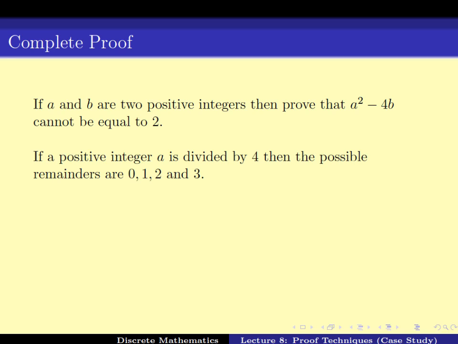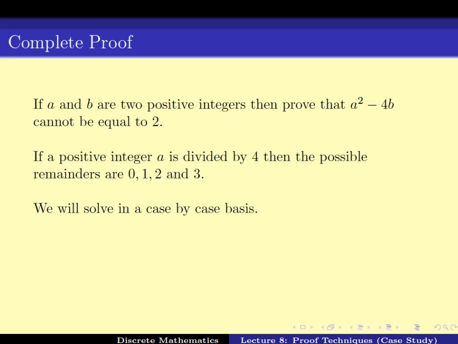So in other words, if A is a positive integer, then when it is divided by 4, the only remainders possible are 0, 1, 2 or 3. Thus, we have exhausted all the cases. This is a very important thing to always check in case studies, whether all the cases have been considered.